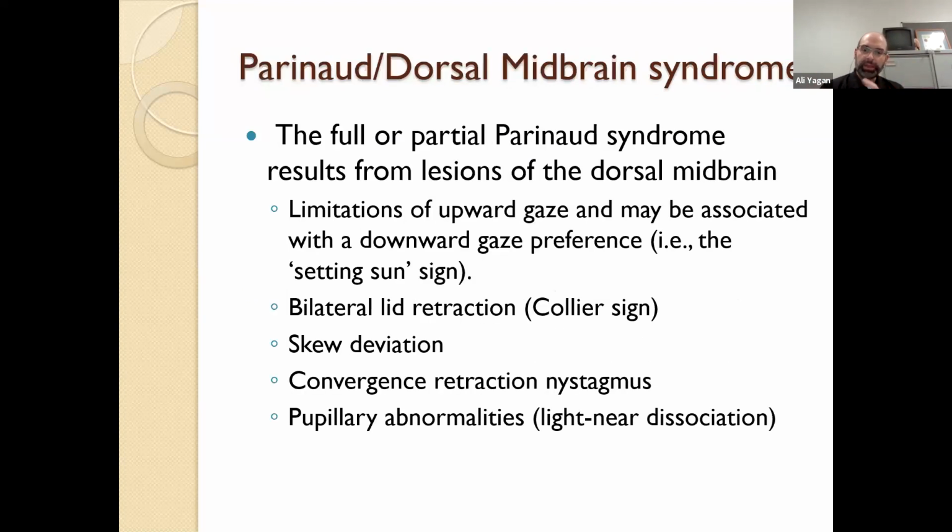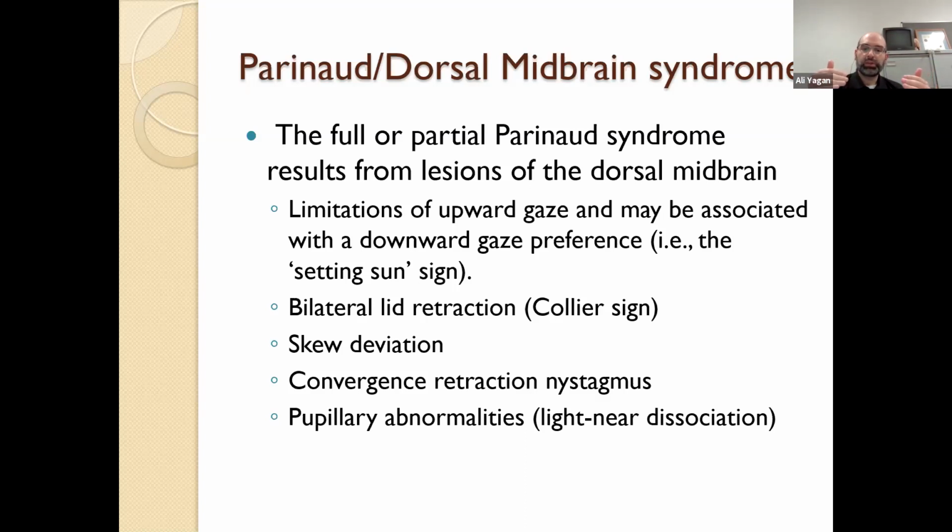A common name we'll know is Parinaud or dorsal midbrain syndrome. And again, it's usually caused by a lesion in the dorsal midbrain, from its name. With this lesion there is limitation of elevation, so patients cannot look up. When they're trying to look up, they get convergence retraction nystagmus, not a true nystagmus, but trying to look up, their eyes converge, they come closer. They get lid retraction, so the lids are lifted upwards.